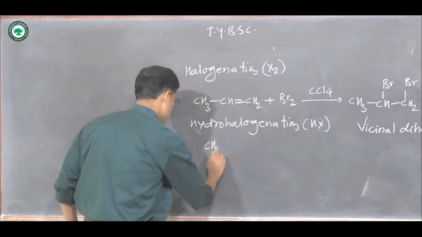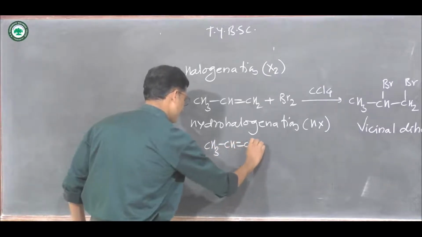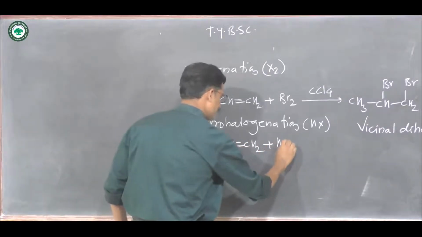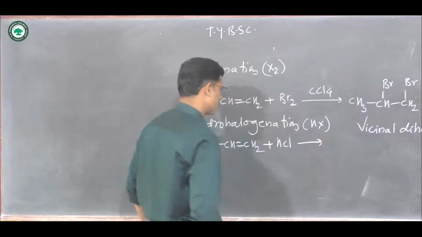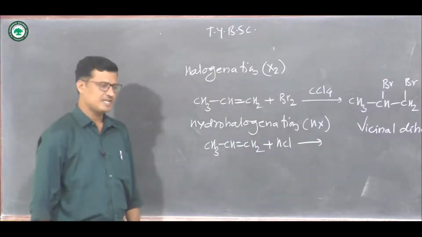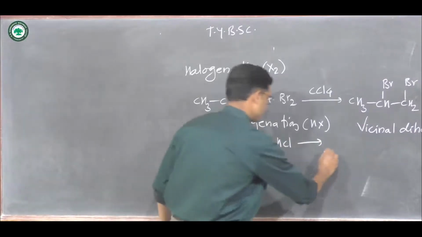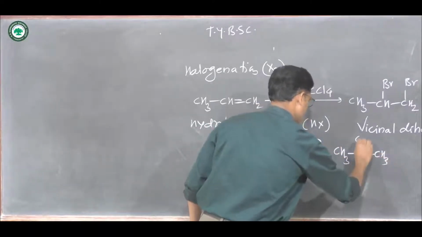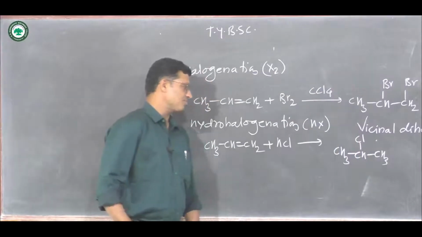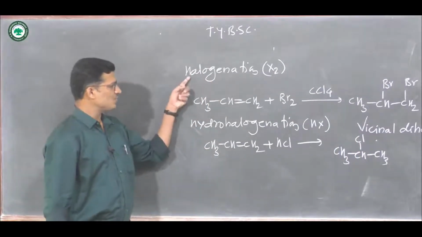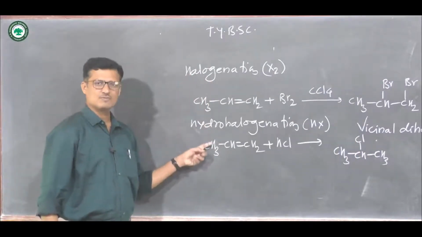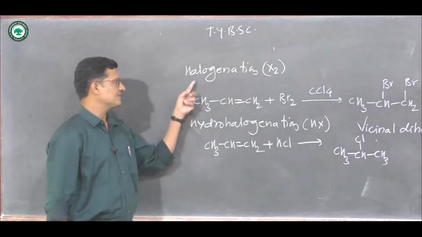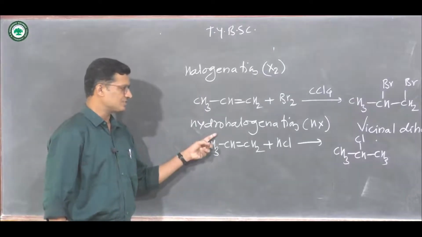Taking a similar starting compound, suppose HCl is added, then the addition reaction takes place and we get an alkyl halide. So these are some examples of addition reactions: halogenation, hydrohalogenation.